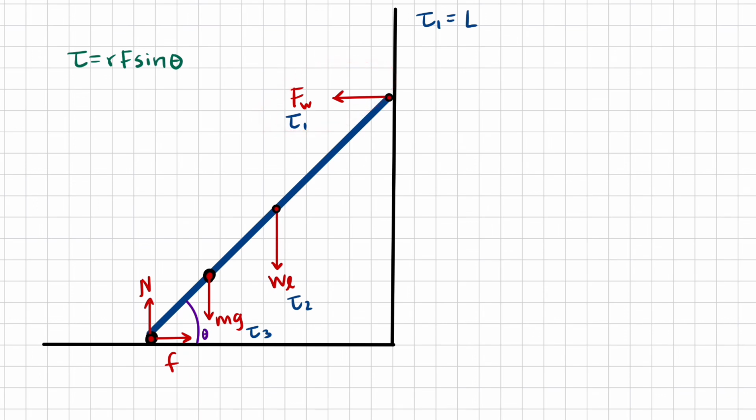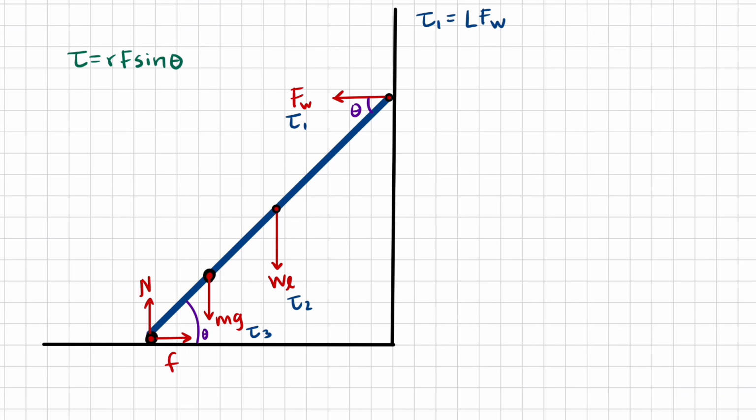If someone pushed the ladder at this point, the ladder would go like this, counterclockwise. So there's a force trying to rotate it. And because this is theta, I know this is also theta.